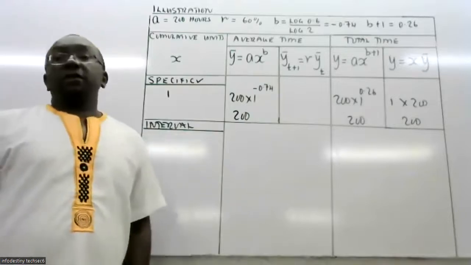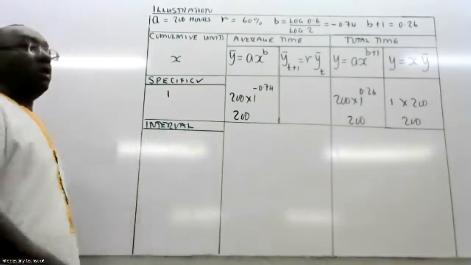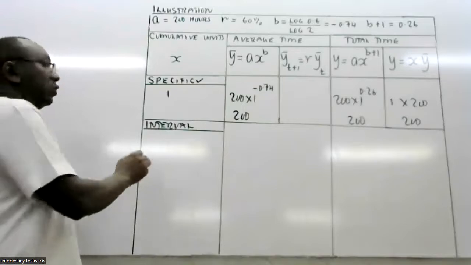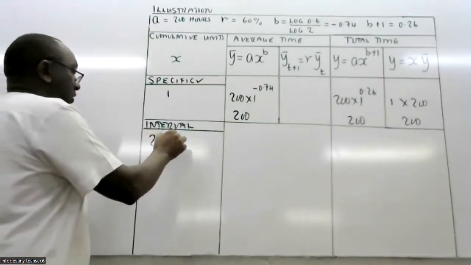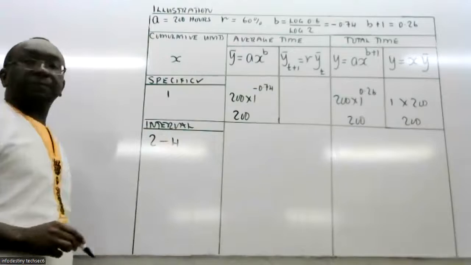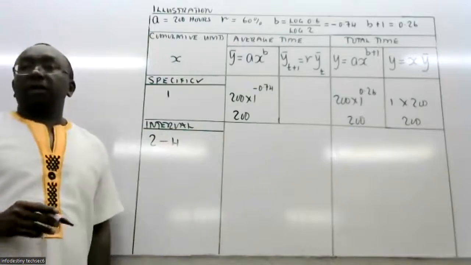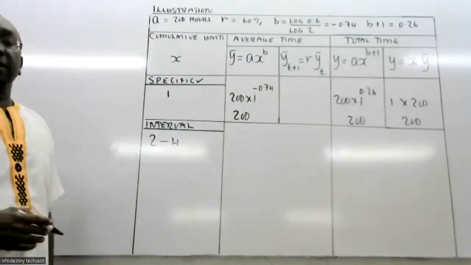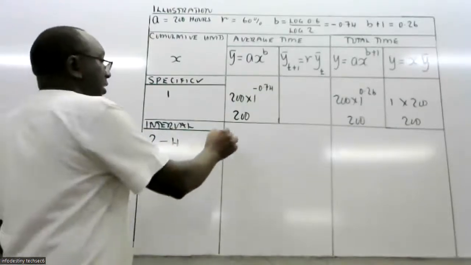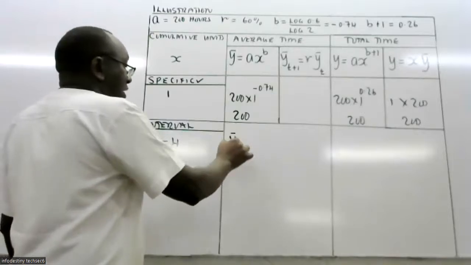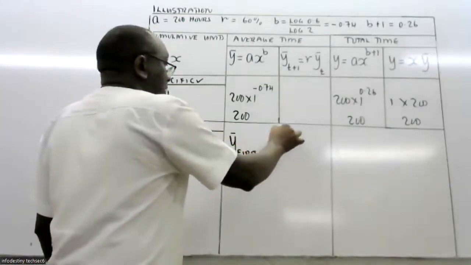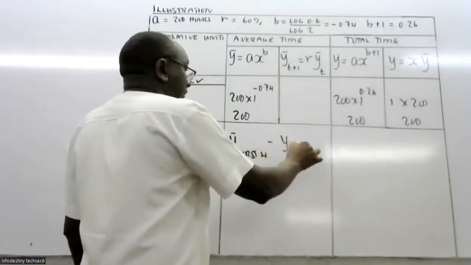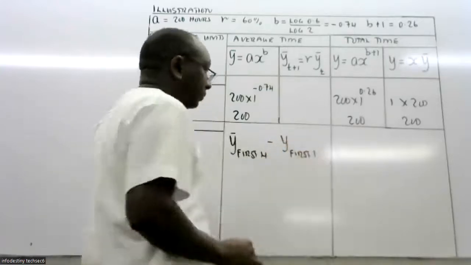Now, interval, it is where, for example, you are told, tell us the time that was taken to make the second to the fourth unit. The second to the fourth. So this is how you go about it. It will be y bar for the first 4 minus y bar for the first 1.